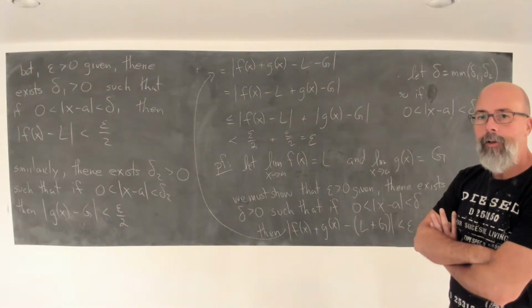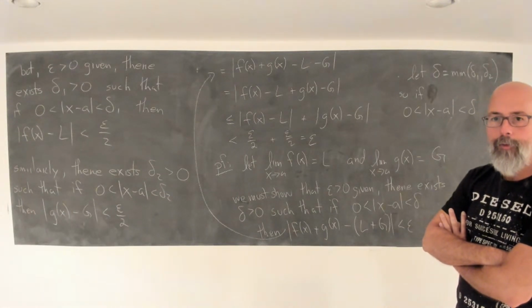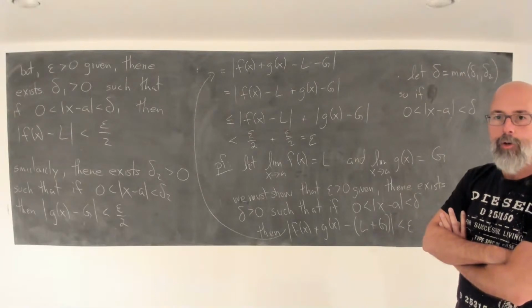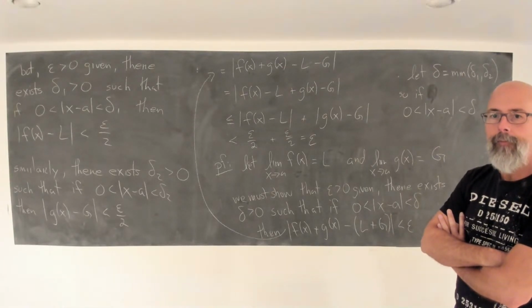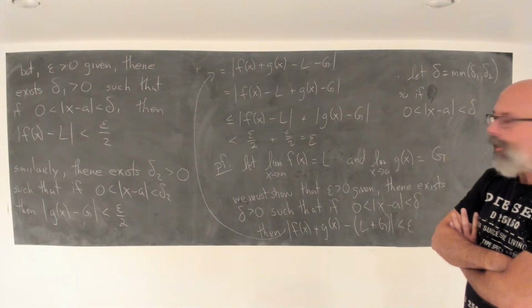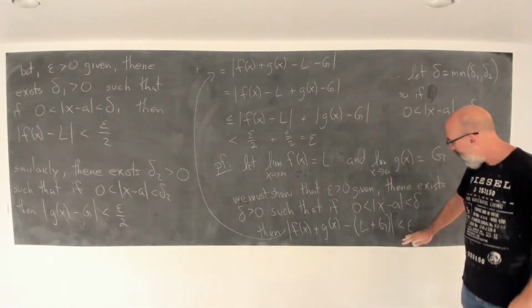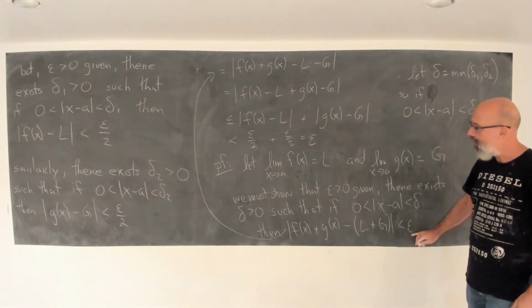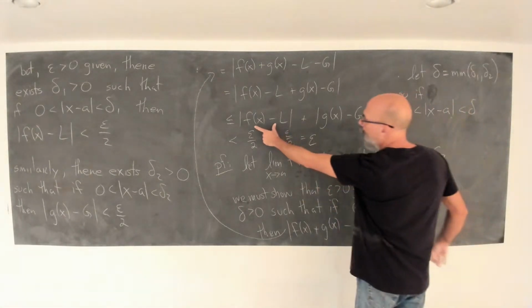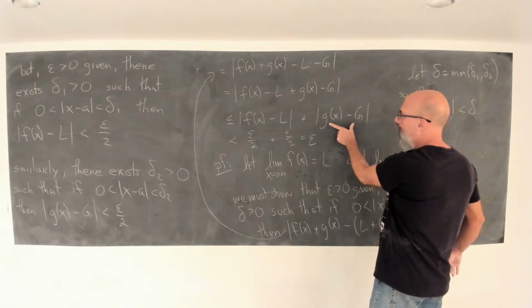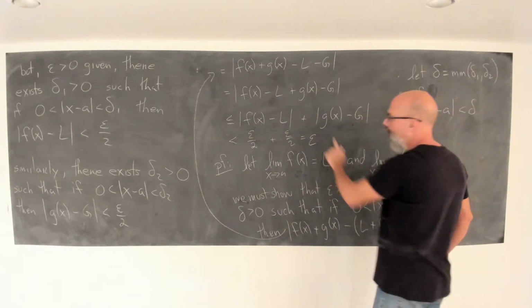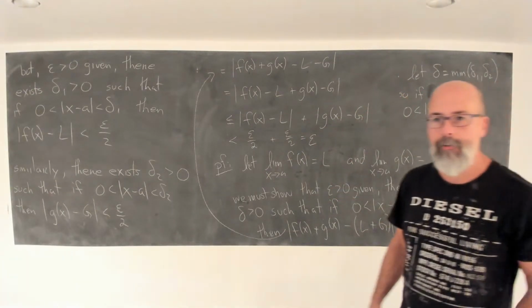Absolutely. If you were trying to do the same with the sum of 3 functions, you could use epsilon over 3. What was our goal here? Our goal was to make everything less than epsilon. So if we were able to make this less than epsilon over 2 and that less than epsilon over 2, we get the sum being less than epsilon. We're good to go.